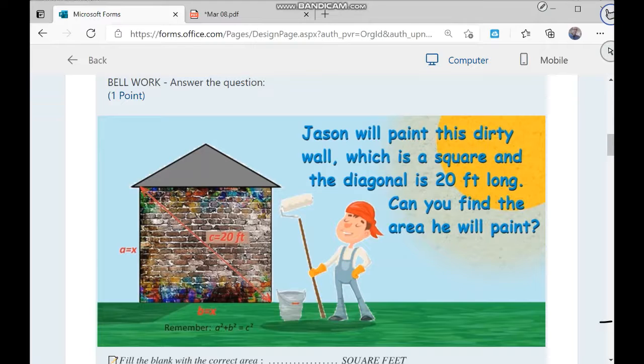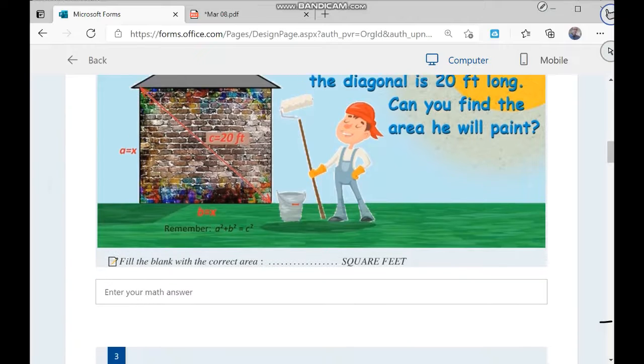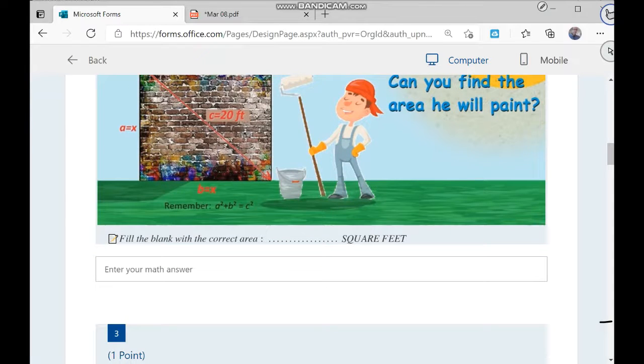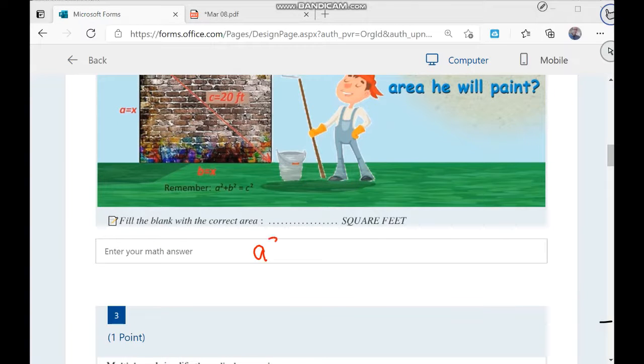Let's check your answers now. To find the answer, we're going to apply the formula, the Pythagorean theorem is down here, see? Remember, a squared plus b squared equals c squared. That's the Pythagorean theorem because we have a right triangle.